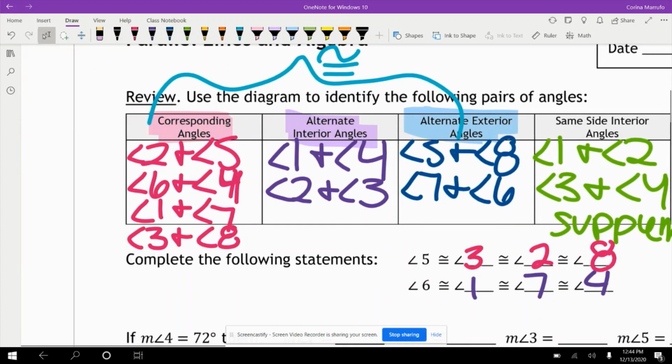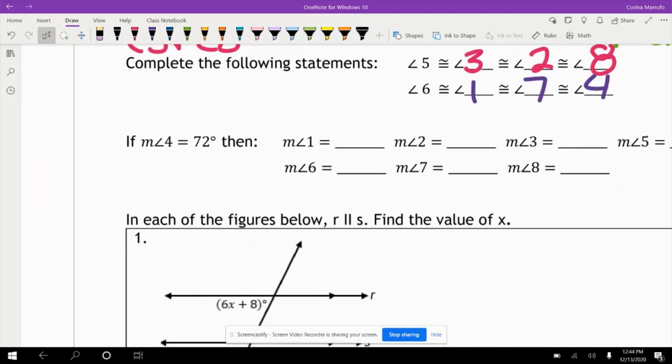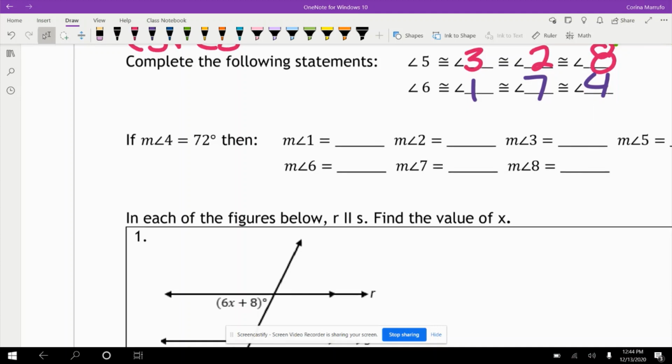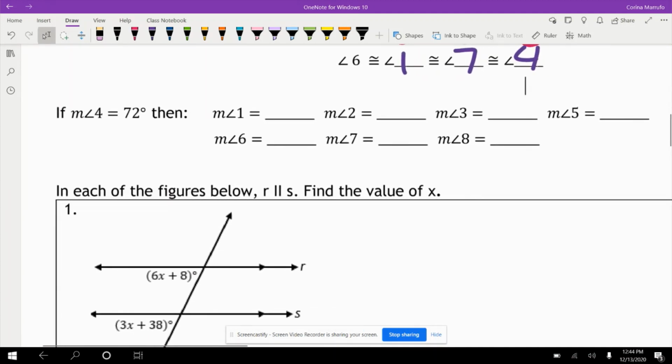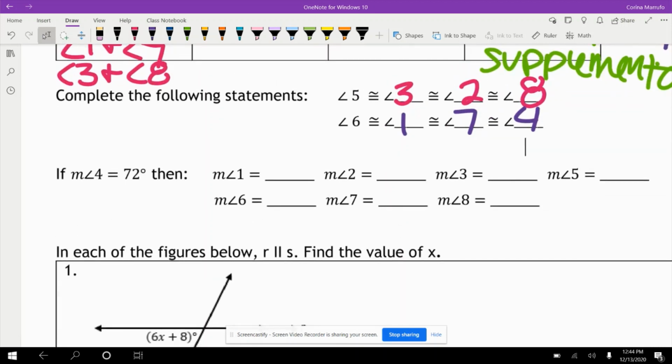All right, so let's go ahead and get into the actual geometry here. So it says if the measure of angle 4, I guess it's still referring to the same problem. If the measure of angle 4 is 72, then, so if we look, we said 4 was the same as 1, 7, and 6.